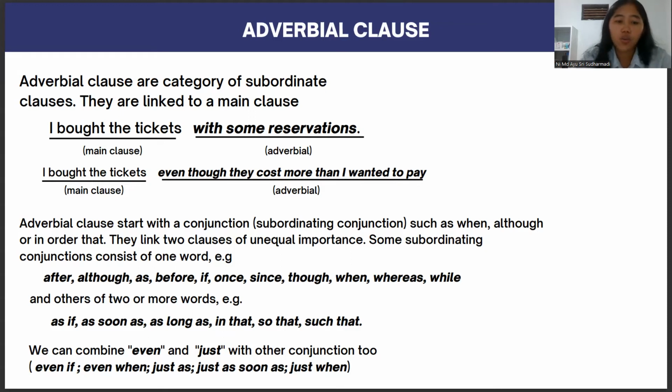And others consist of two or more words. For example, as if, as soon as, as long as, in that, so that, such that. We can combine even and just with other conjunctions too. Here's the example. Even if, even when, just as soon as, just when.